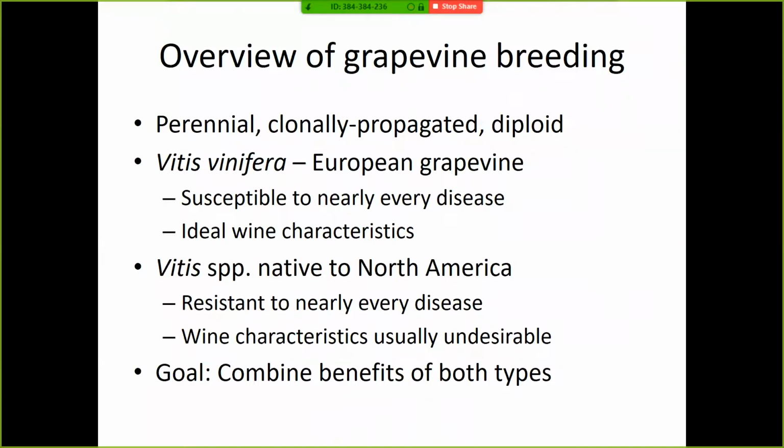These species are resistant to nearly every disease. However, they have really poor wine quality, although sometimes we do want their table grape characteristics. And so the goal of the program is to merge the best of both worlds to obtain hybrids that have high disease resistance as well as high wine quality or table grape characteristics.